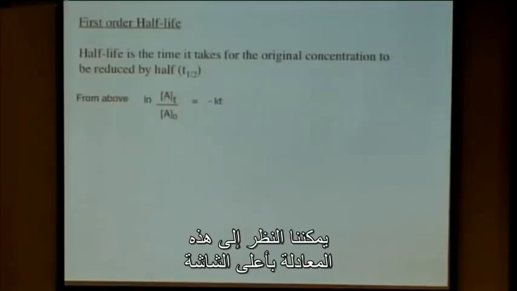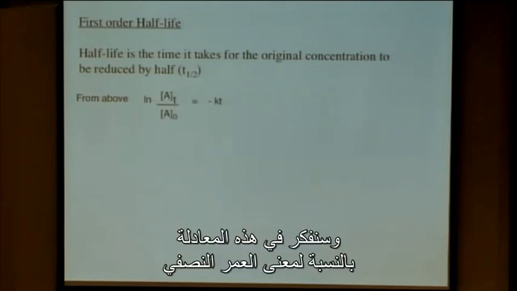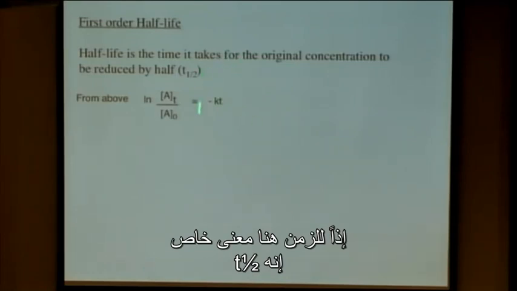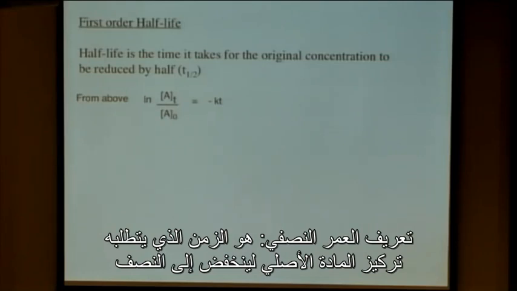So we can look at an equation that we had up above for our integrated first order rate law, and we can think about this in terms of a half-life expression. Here t has a particular special meaning. We have t 1/2, which is the abbreviation for half-life. And so half-life by definition is the amount of time it takes for the original concentration to be reduced by half.